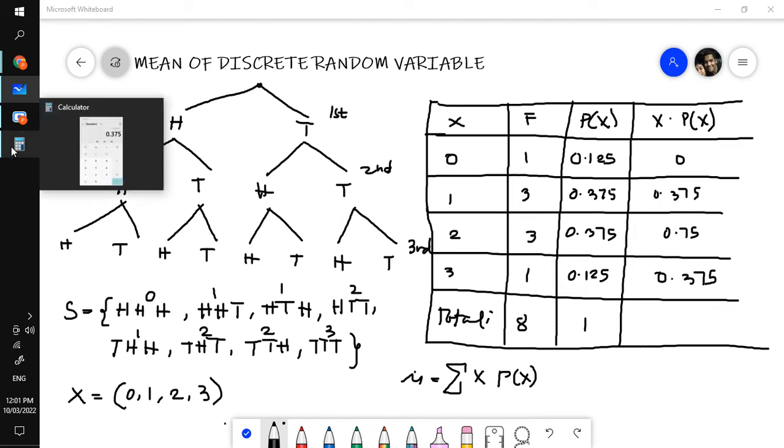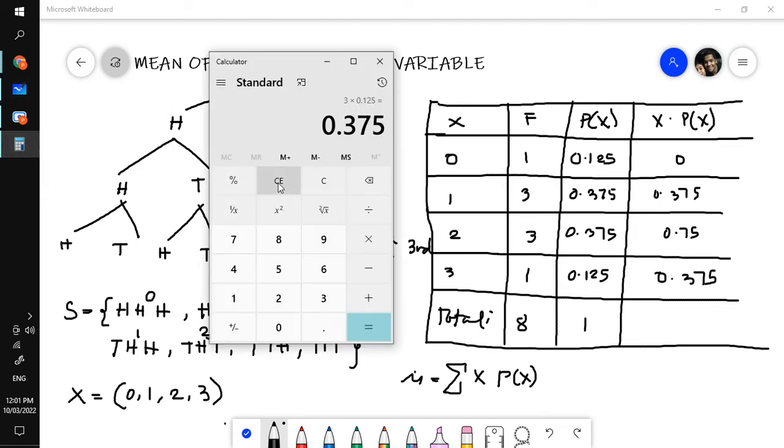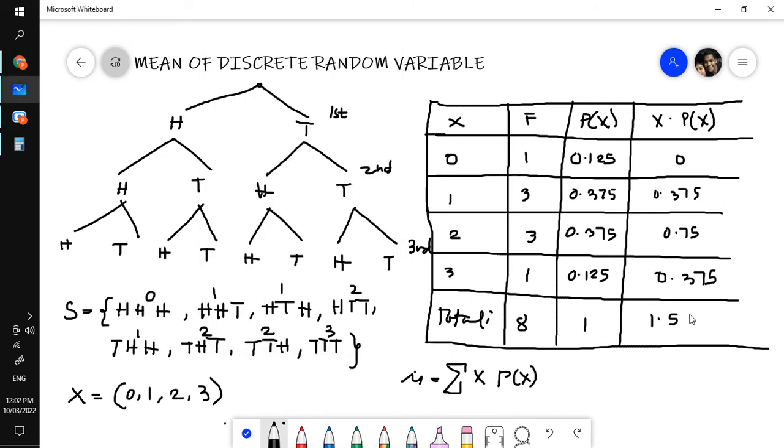Now, after getting the products for each outcome, we will then proceed to adding all the values. We have 0.375 plus 0.75 plus 0.375, that's 1.5. So this gives us the mean in this particular experiment, which is equal to 1.5.